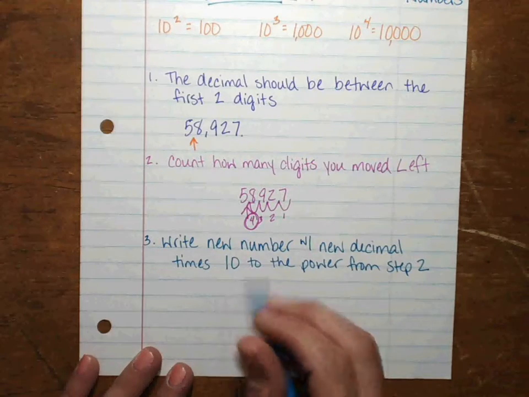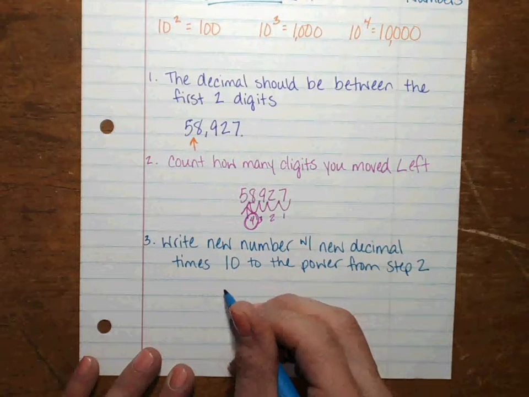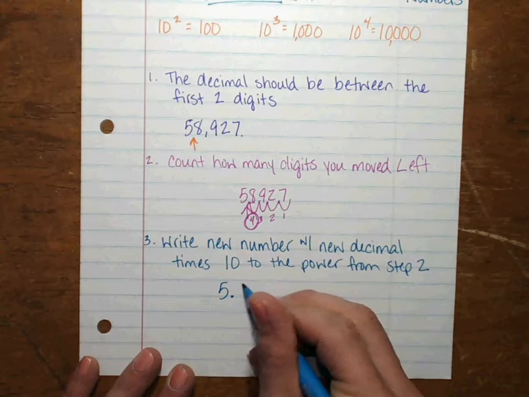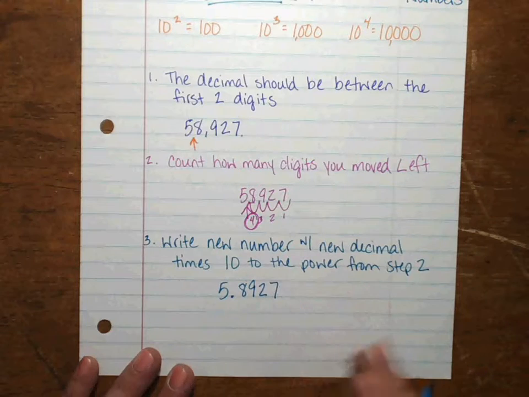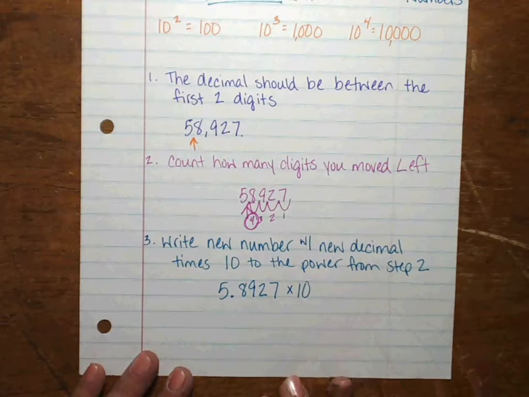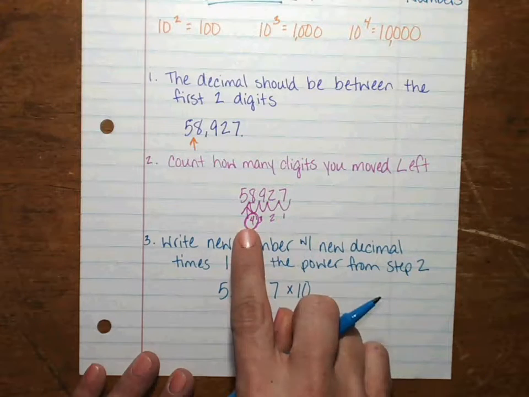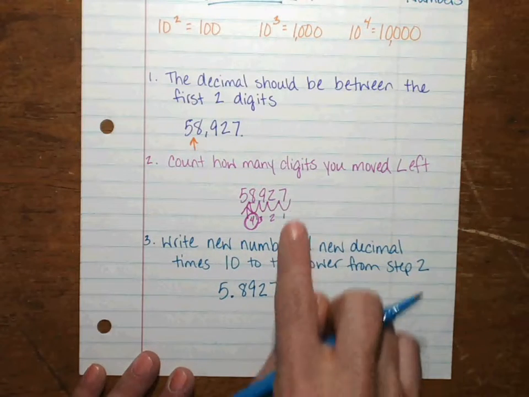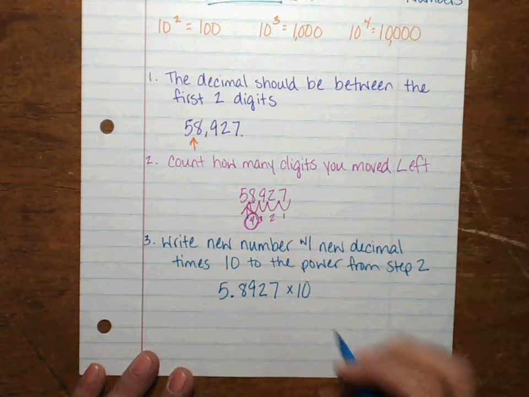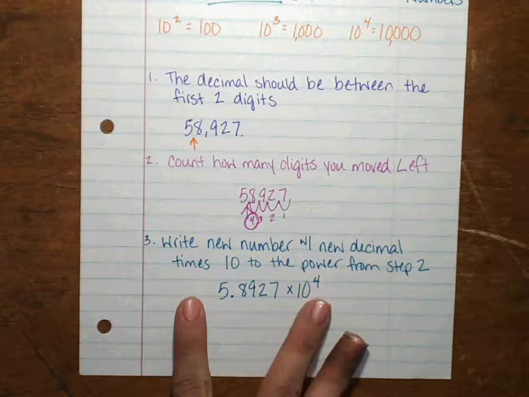My new number is 5.8927, times 10, and how many digits did I move the decimal? 4. So to the 4th. That's scientific notation. This is called scientific notation.